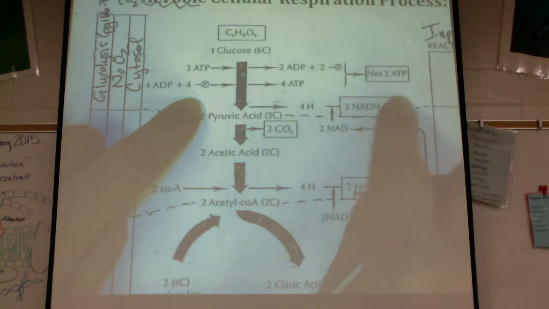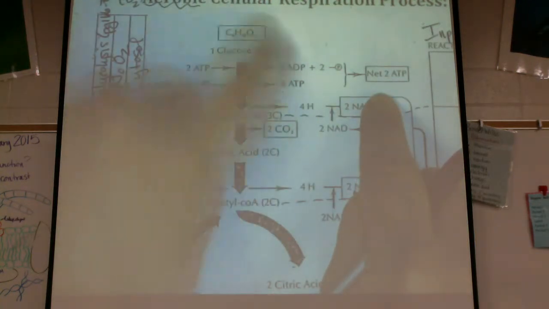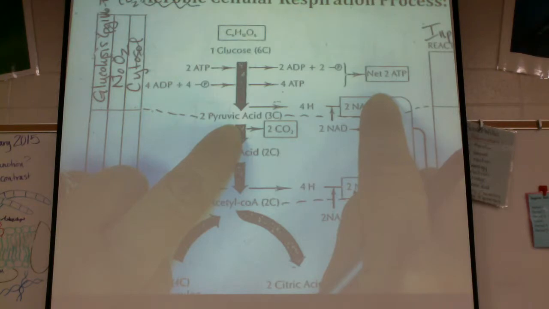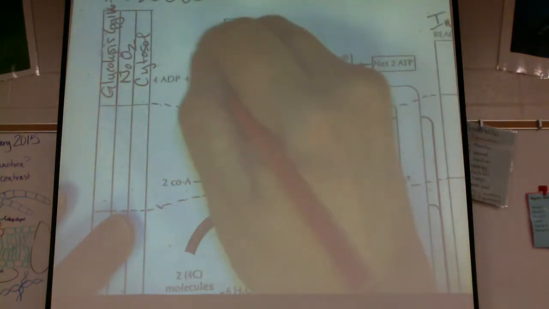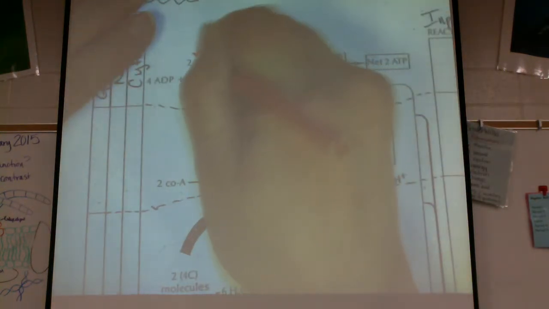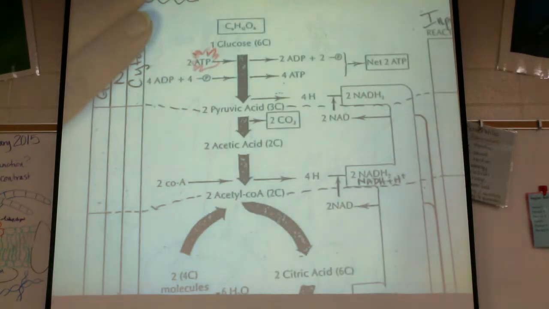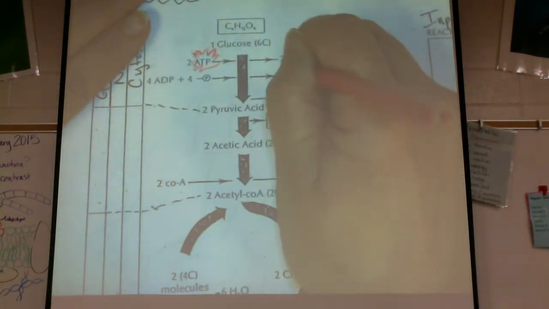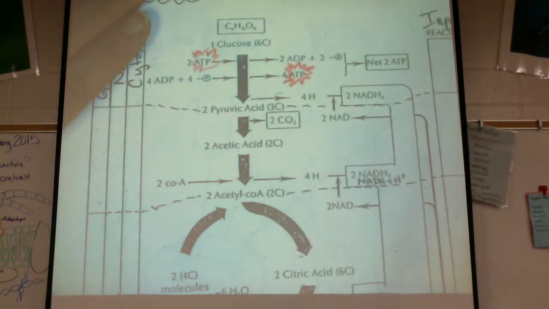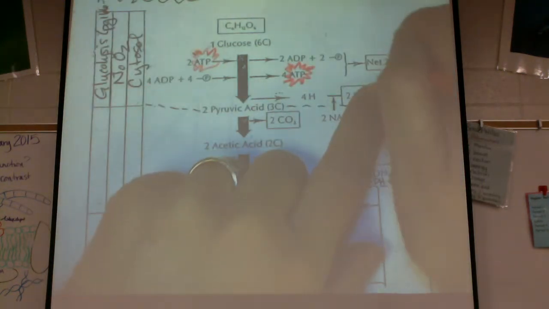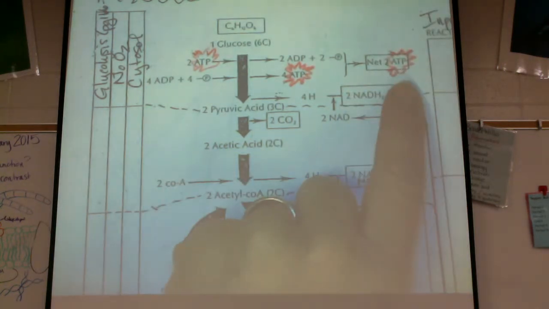That's why when we talk about glucose being broken down into pyruvic acid and glycolysis getting you 2 ATPs, it's a net of 2 ATPs. So you're going to take 2 ATPs to get the process started, okay? But in the end, you're also going to produce 4 ATPs. That leaves you a net of 2 ATPs throughout that whole entire process.